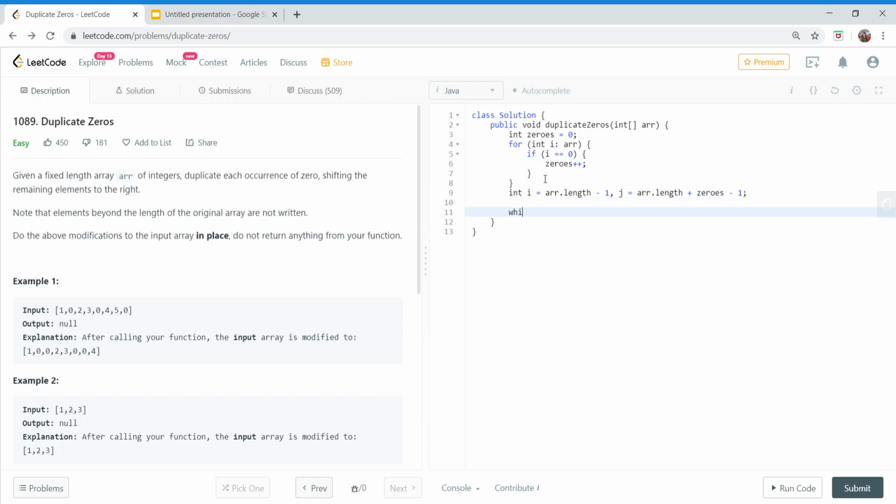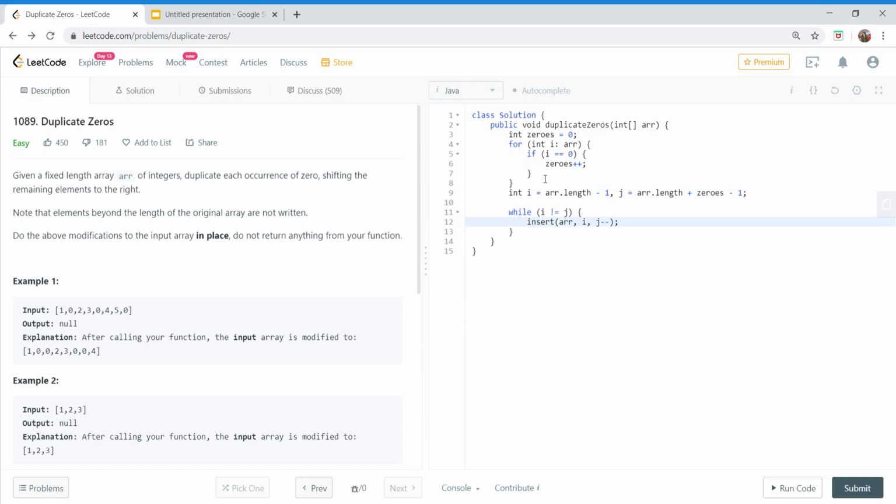We have to write our loop, and this should run until i is not equal to j. So we have to try inserting the element at i at the jth index, and then we have to decrement the jth index.